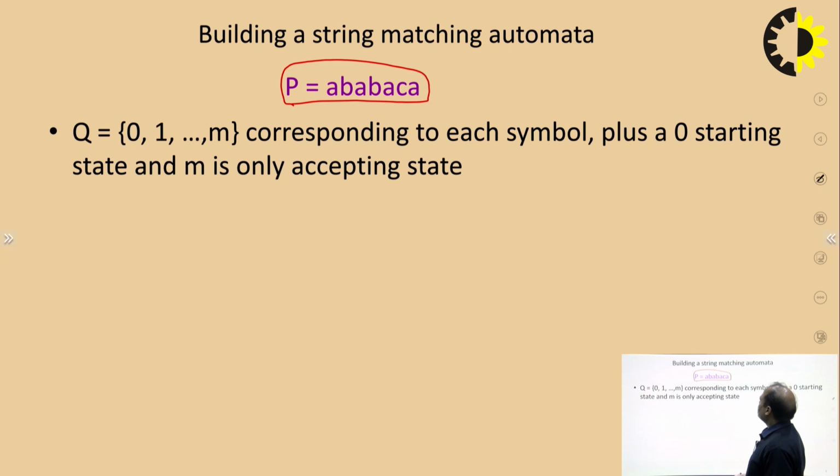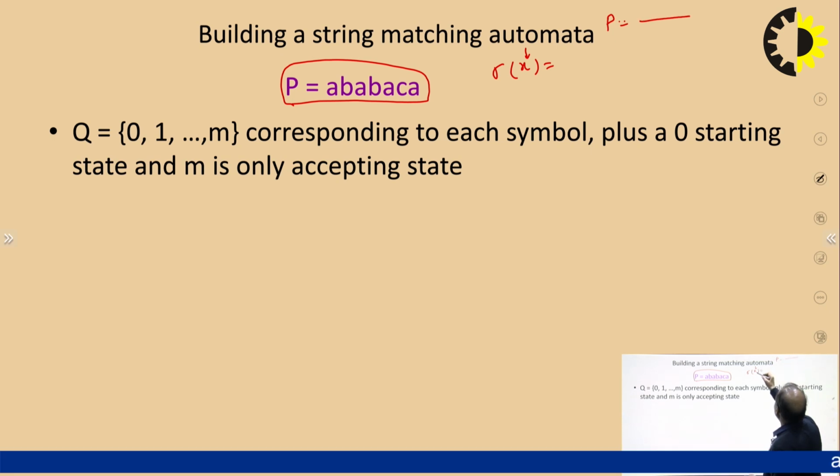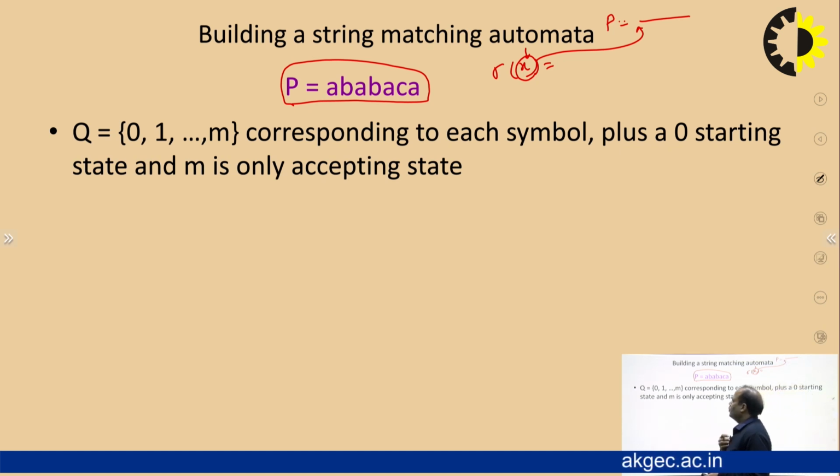Sigma of x is the length of the longest suffix of x which is also a prefix of P. P is given. Look for the suffix in x and check the prefix in P. That is the idea.